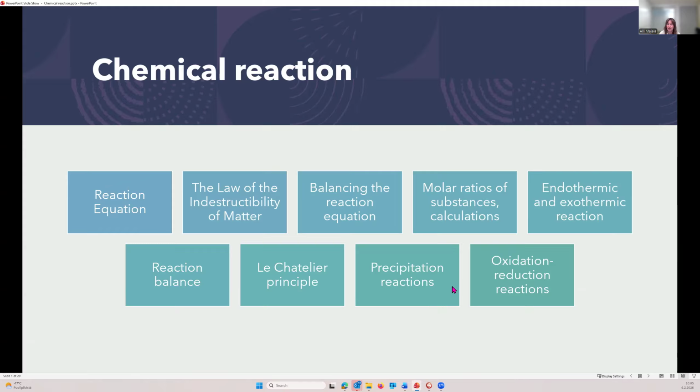Precipitation reactions, if you get some kind of a precipitate when two liquids react together. Oxidation and reduction reactions, these are also then in electrochemistry. But because the topic is chemical reactions, this is all the things that also the course book covers in this topic.